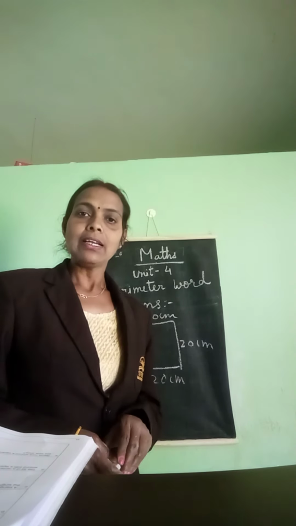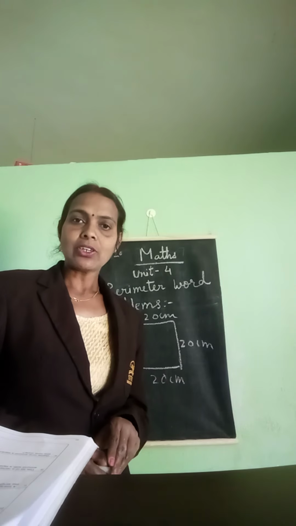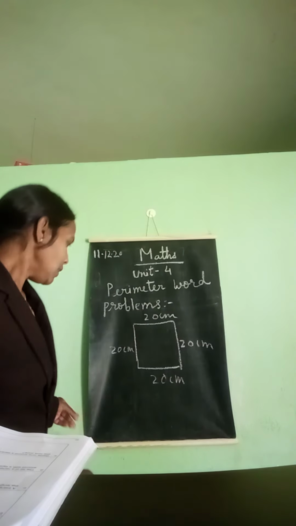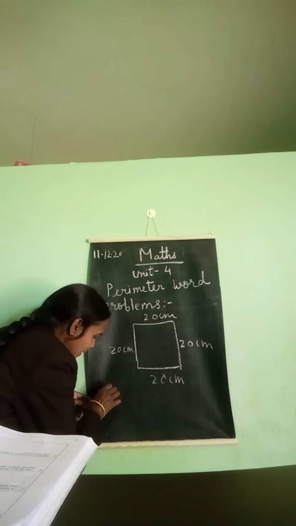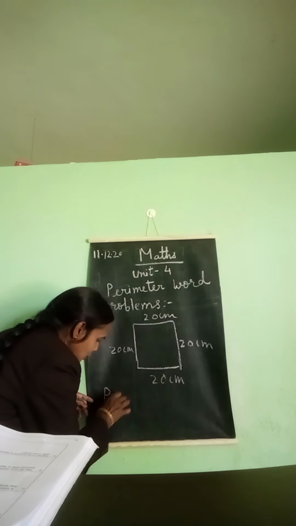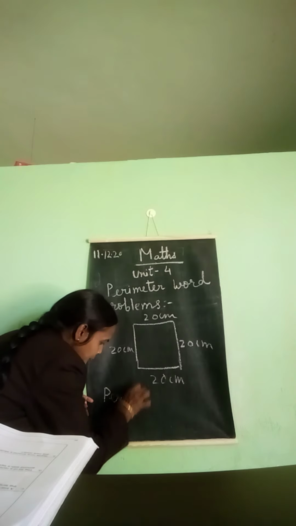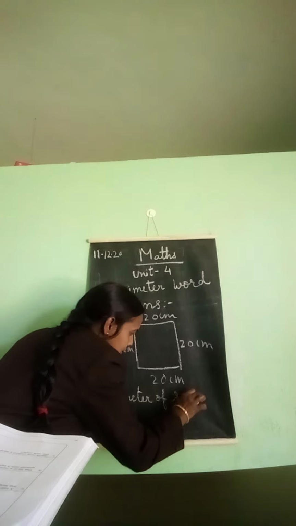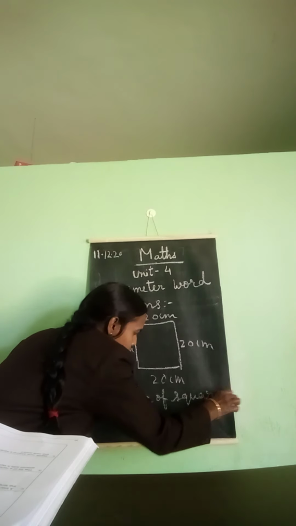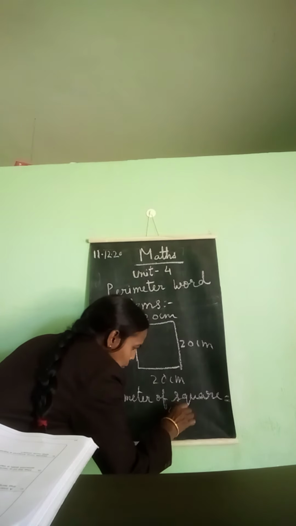Now, what have they asked? What is the perimeter? You know the formula for finding the perimeter of a square. The perimeter of a square is equal to 4 into side.